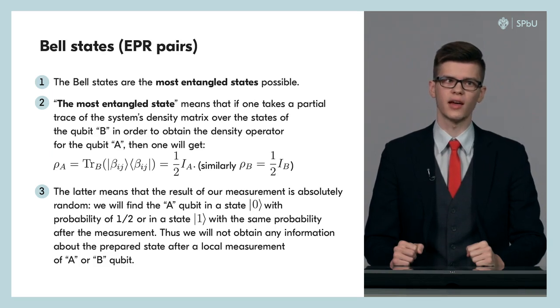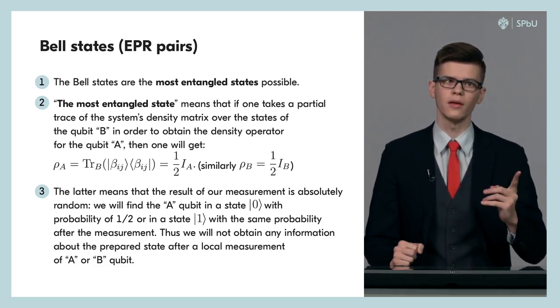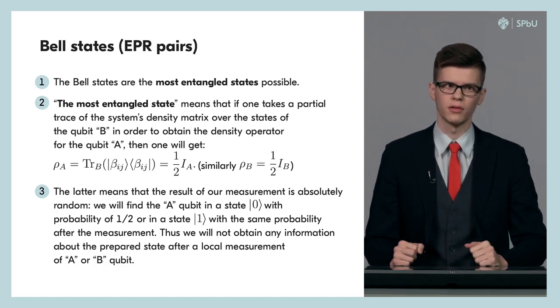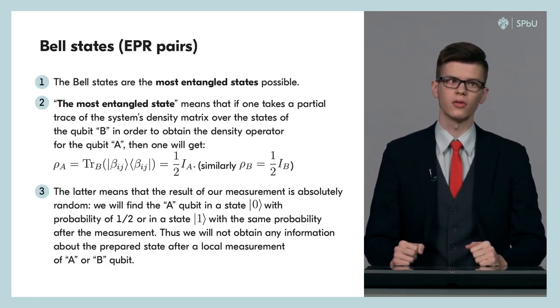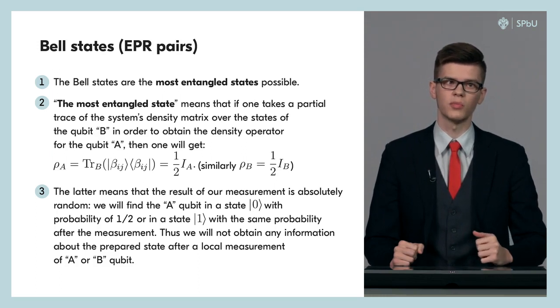These coefficients act like probabilities to find the A qubit in the corresponding basis state. Thus, the qubit A will turn up in the state 0 in half of the experiments and in the state 1 in another half of experiments. A similar result can also be obtained for the qubit B. So, the results of such local measurement will be absolutely random.